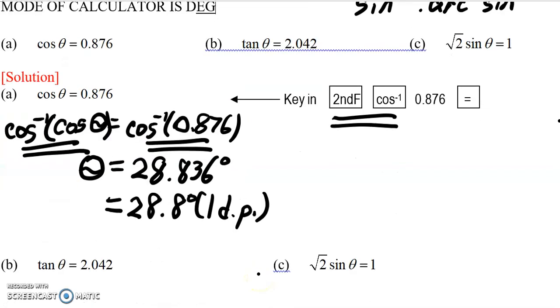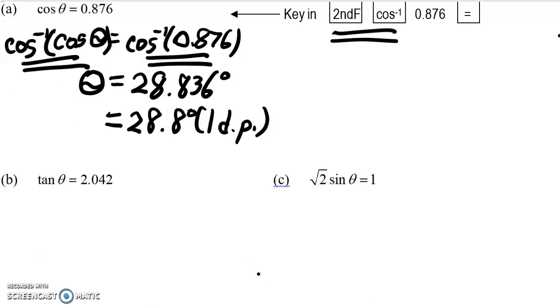Okay, we'll move down to our next example. Tangent theta equal to 2.042. Same case, we are looking at finding the angle theta. So on the left hand side, if I have theta, for me to be able to find theta, I do the arctangent of 2.042.